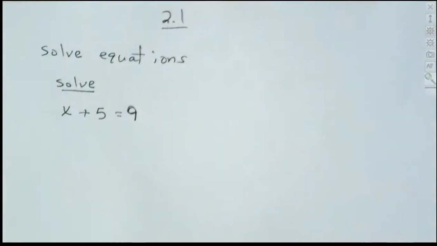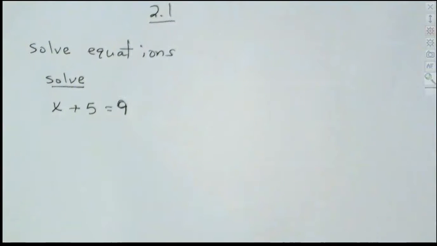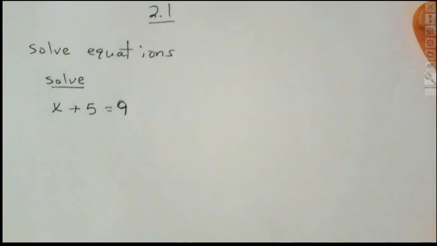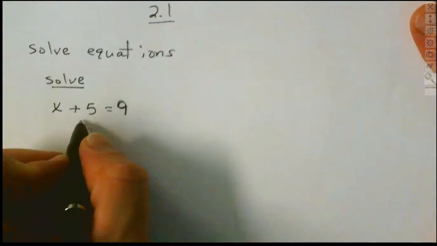So this is what we want to solve. And you've probably solved these types of equations before, but what we want to do, again, is get our variable by itself. And we want that variable on the left, numbers on the right. So how do we do that? Well, that x is already on the left. So let's move that 5 over.